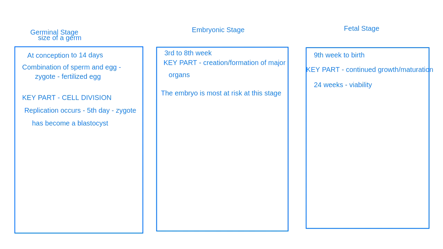It is so small, I joke, it's the size of a germ. It's just begun. With the embryonic stage, that is when it's known as an embryo. And then the fetal stage, it's known as a fetus until birth, right? It's pretty straightforward. So that's the basics of the prenatal stages of development.